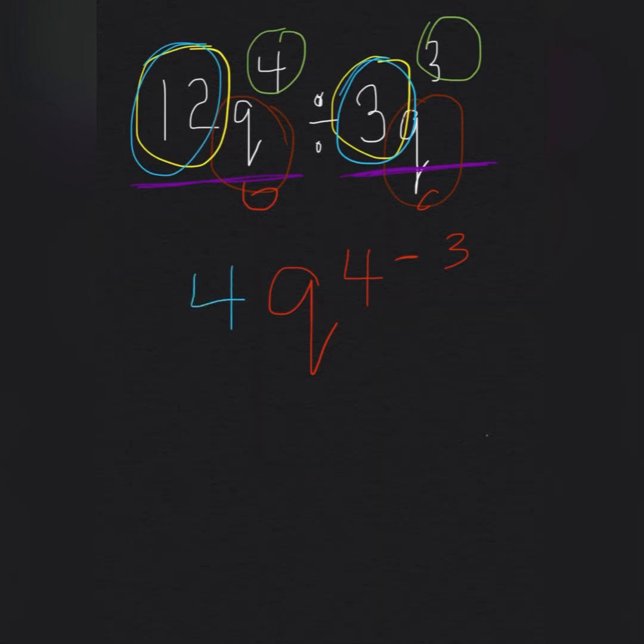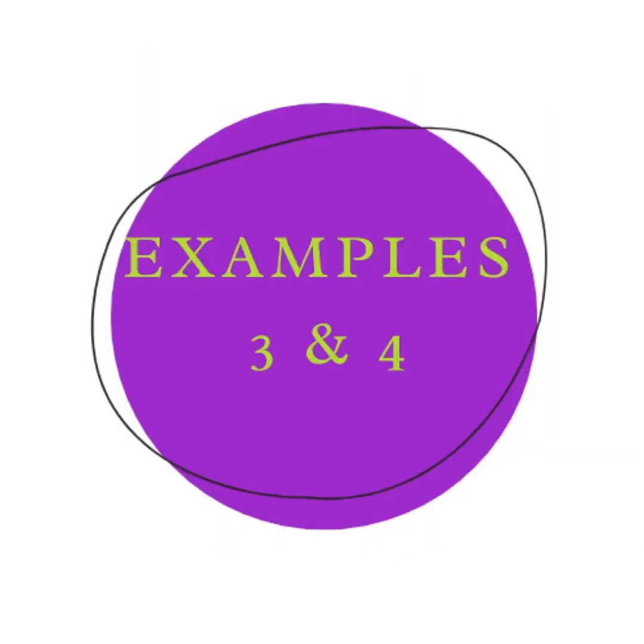So our final answer would be 4q to the 4 minus 3 gives us 1. But one thing that we need to know is that anything that is raised to the power of 1 results in itself. So if we raise q to the power of 1, we're going to get q. So this can also be written as 4q. And this would be our final answer.